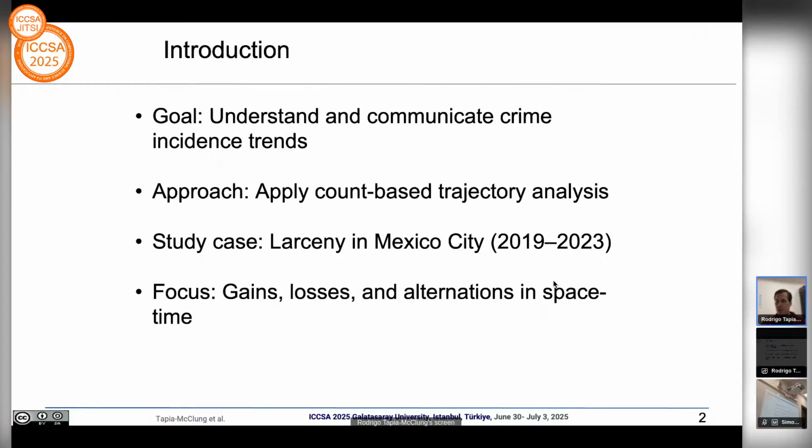And what we're going to end up with as an end result is to try to follow, in different spatial units, whether there are gains or losses within each cell or hexagon, as we'll see we are working with, or if there are alternations. I mean, if one cell gains larceny thefts or is losing them throughout time.